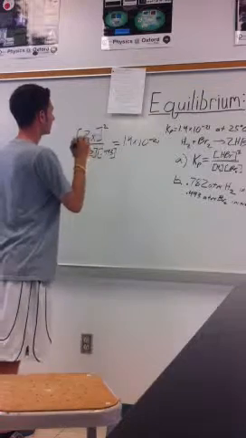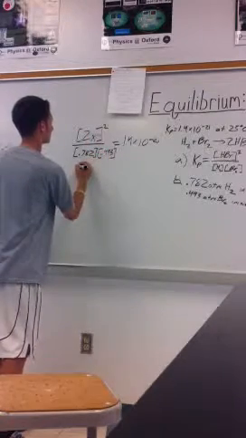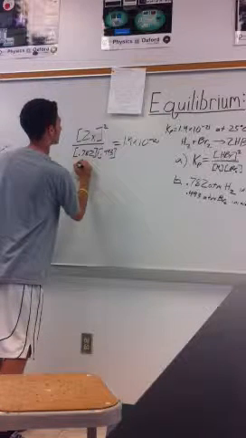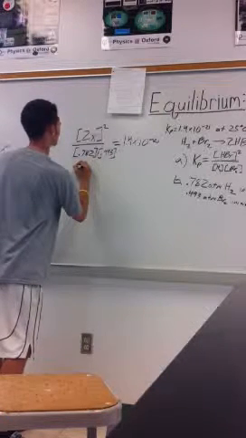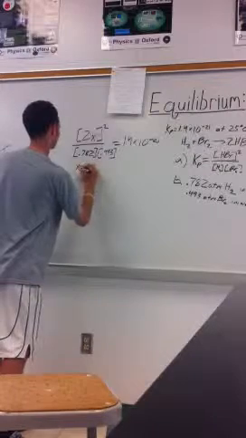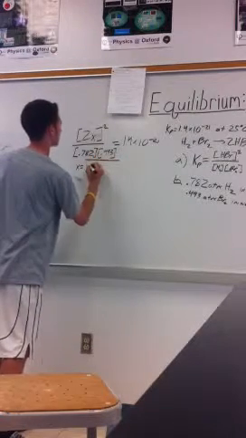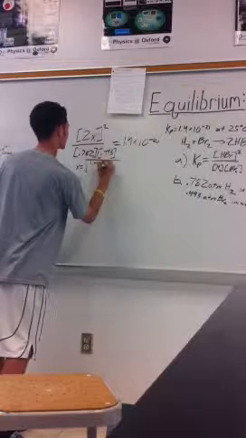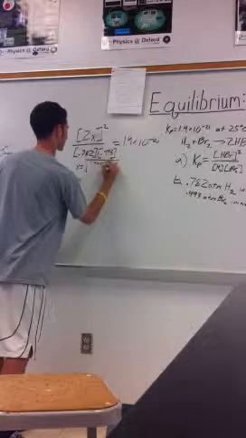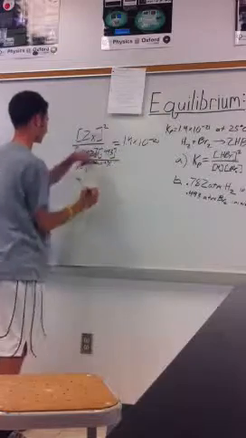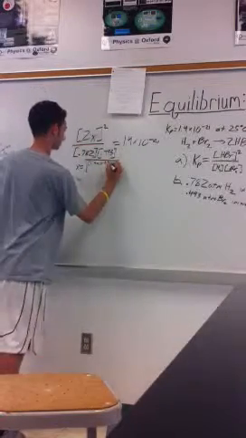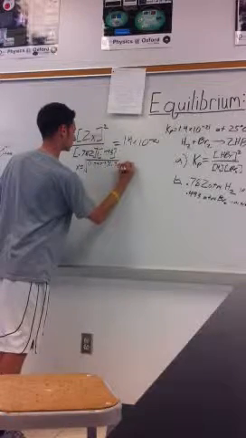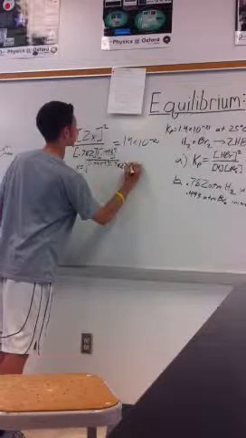So x equals square root of 1.4 times 10 to the negative 21st times these two bases down here, which is 0.782 and 0.493.